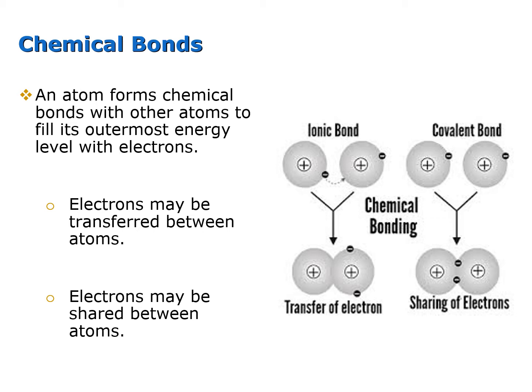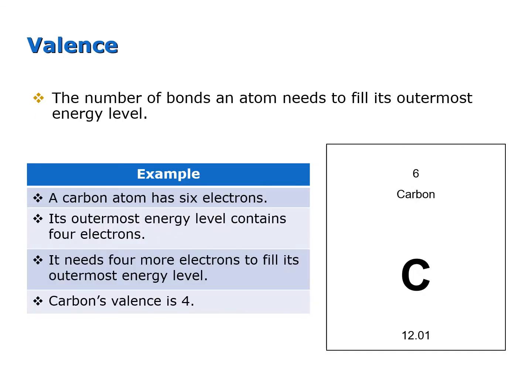Or they can put together the outer layer electrons, will share them, and the electrons will gravitate in between those 2 atoms, and this is called a covalent bond. But we'll describe each of them in more detail. What I would like you to remember at this point is that the electrons can be transferred and accepted, or can be shared in order to form a connection between 2 or more atoms that is called a chemical bond.